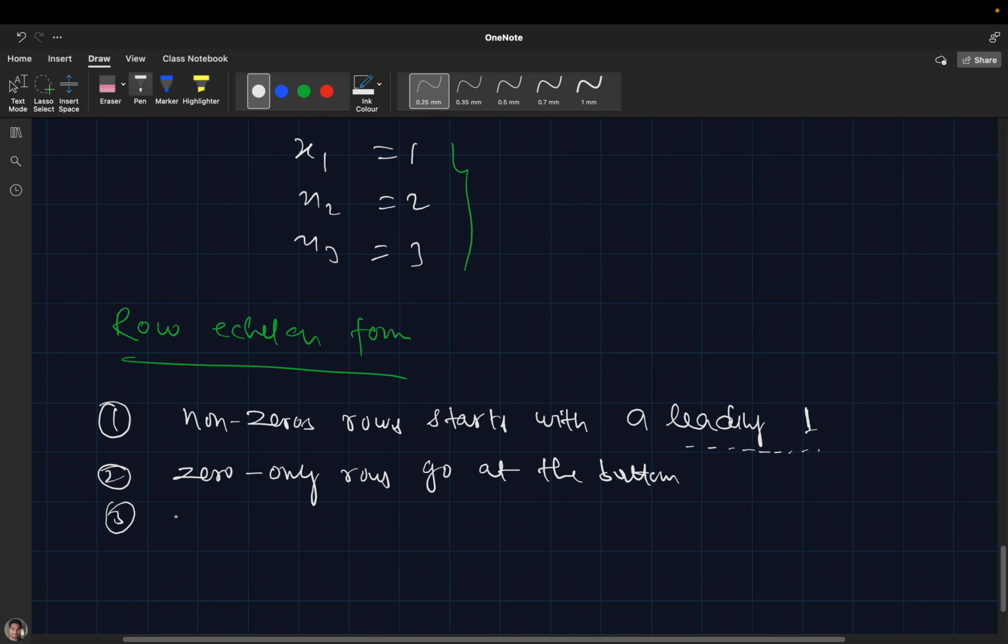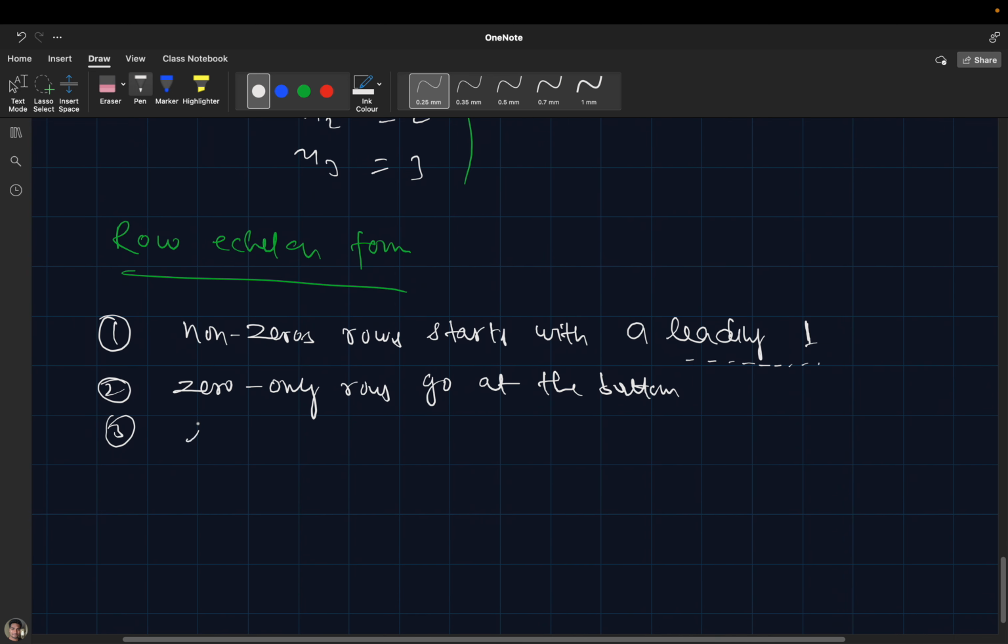Third condition: the leading one in the lower row is more to the right than in the upper row. Here I have already introduced what is called leading one.